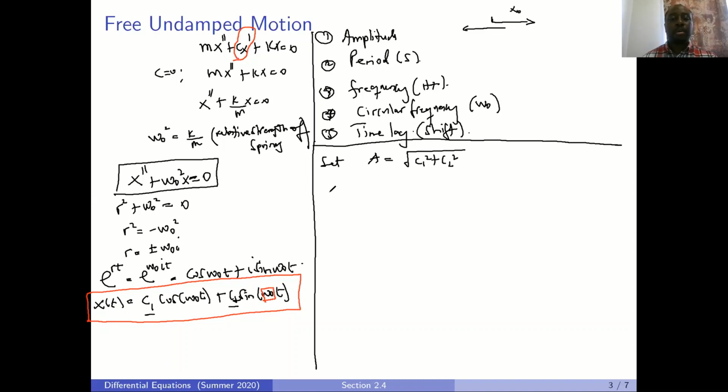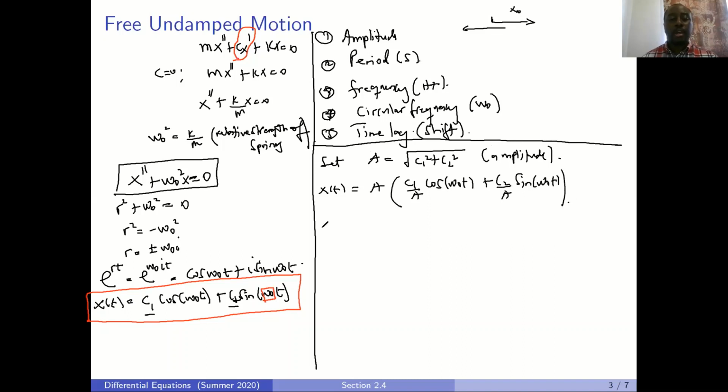So that I can now write my x of t as A times (C1 over A cosine of W0t plus C2 over A sine of W0t).